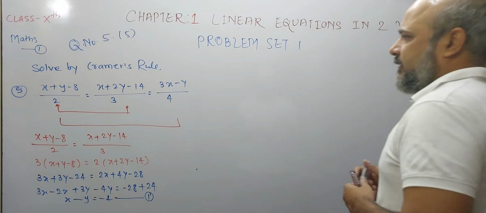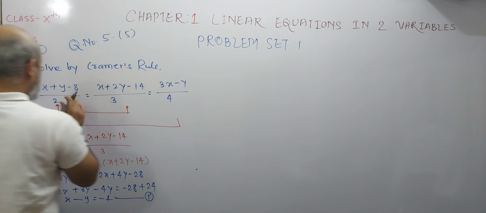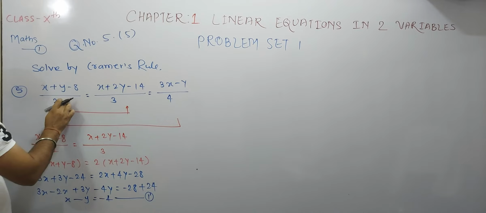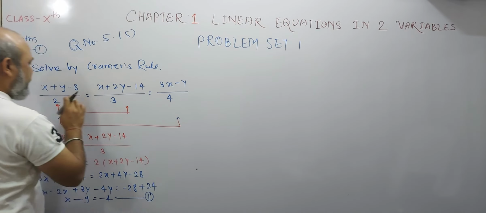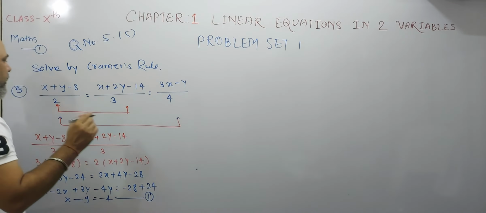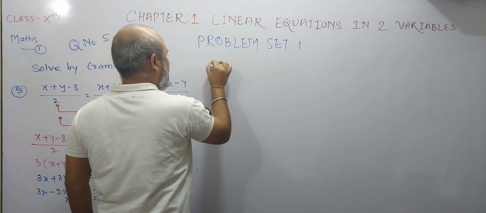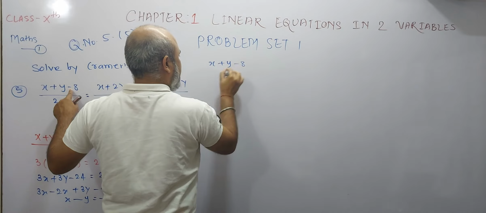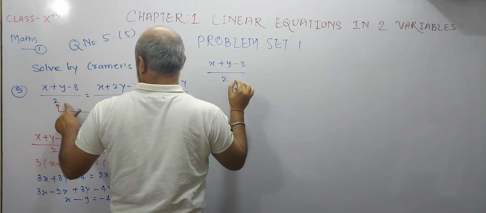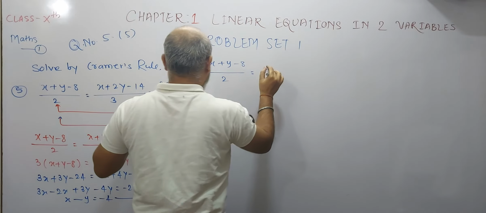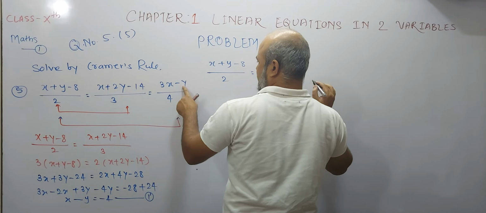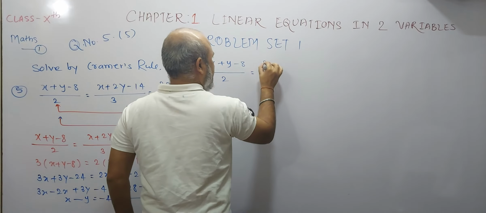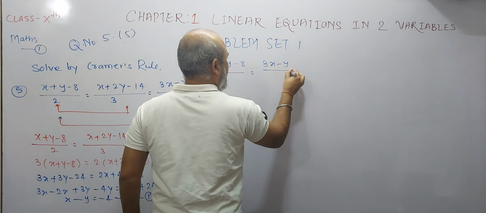Now you will consider the first expression, this one, and the last one. When you consider these two, what will you write? (x + y - 8)/2 is equal to (3x - y)/4.